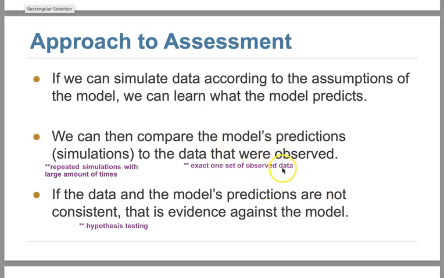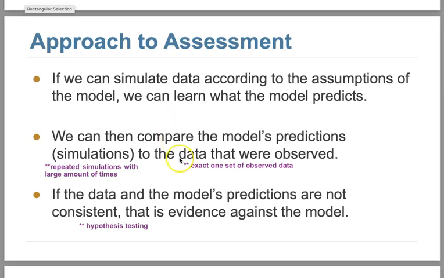If the observed data falls in the area we can accept from the simulation result, then we can say the data and model prediction are quite consistent. That means our model is doing well to fit and explain our data.